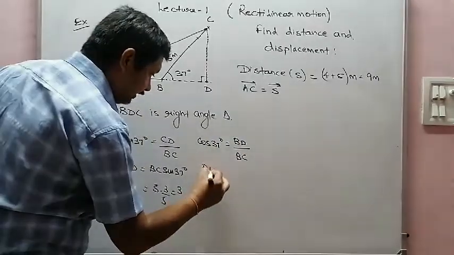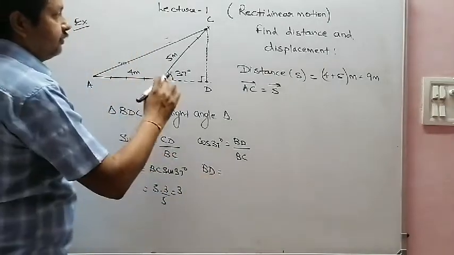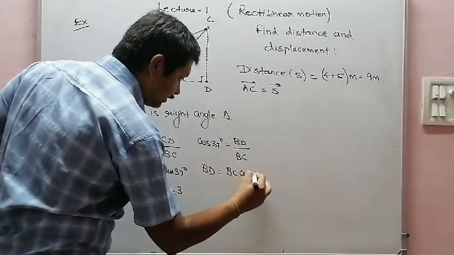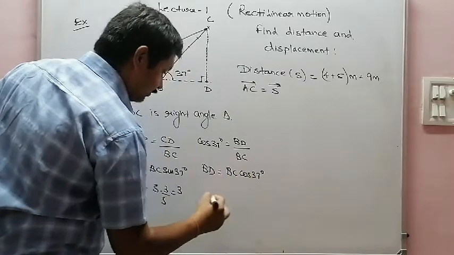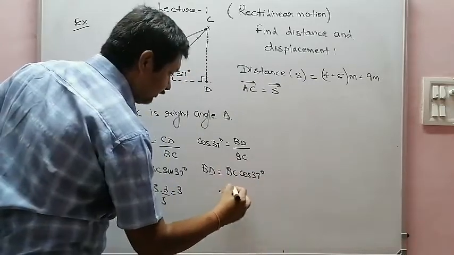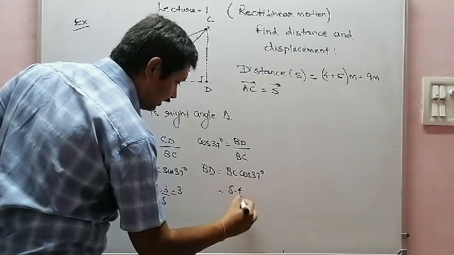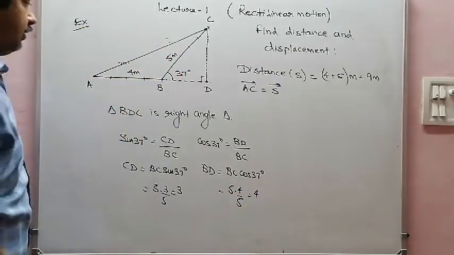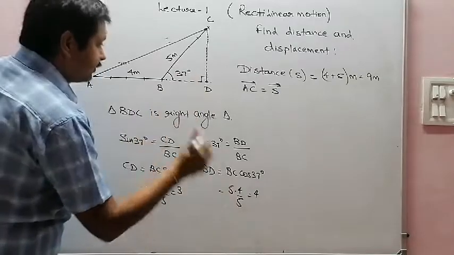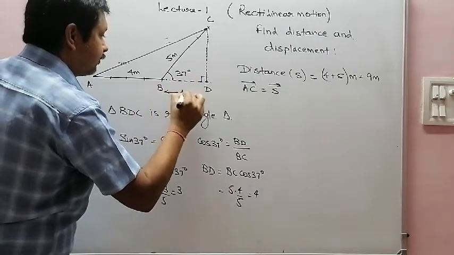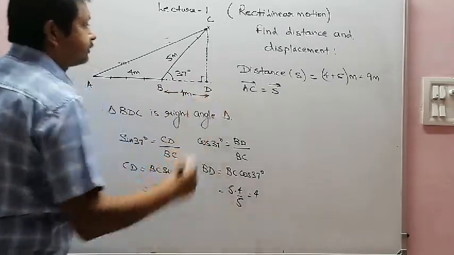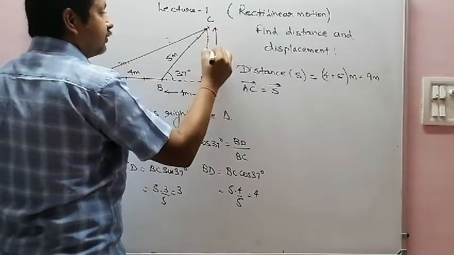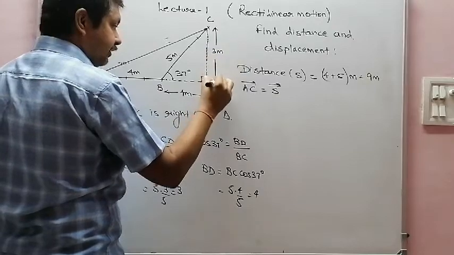So BD is BC cos 37 degree. So BC is 5 cos 37 degree, 4 by 5, so it becomes 4. So BD is 4 and CD is 3 meter.